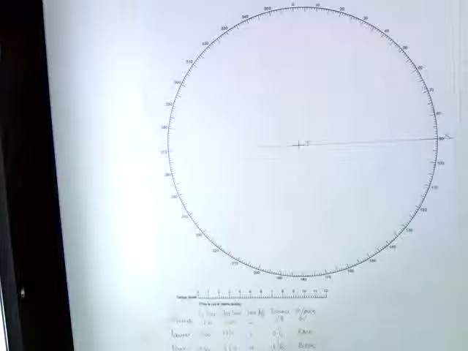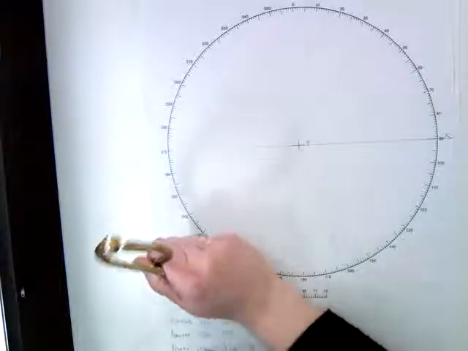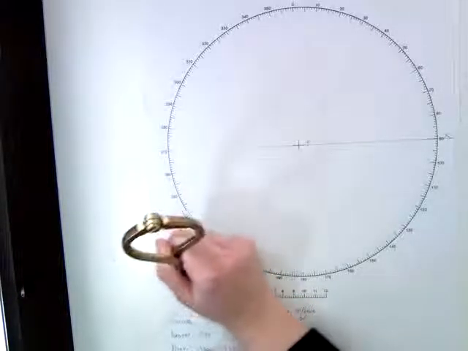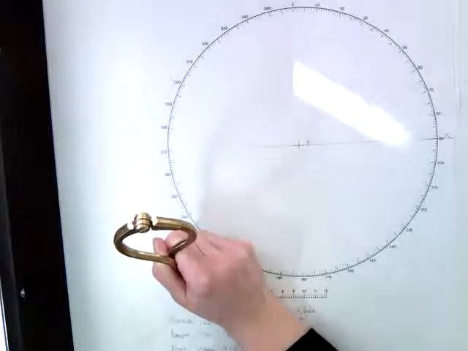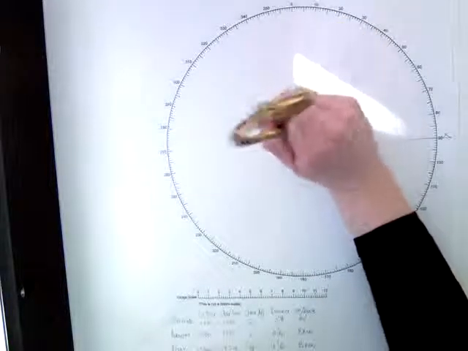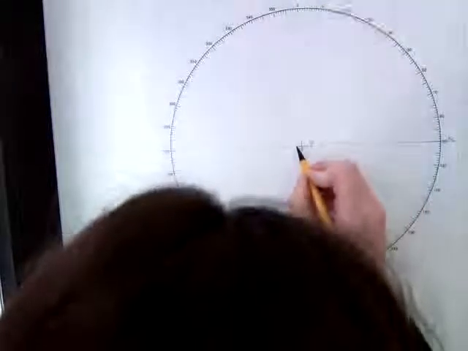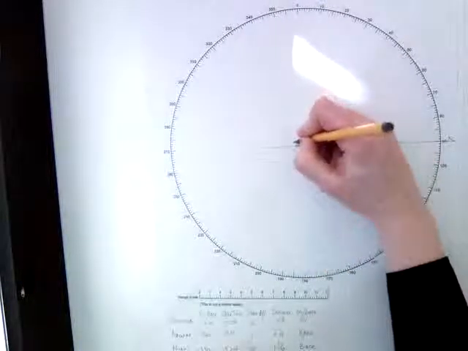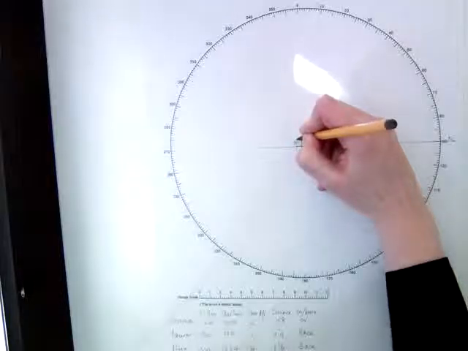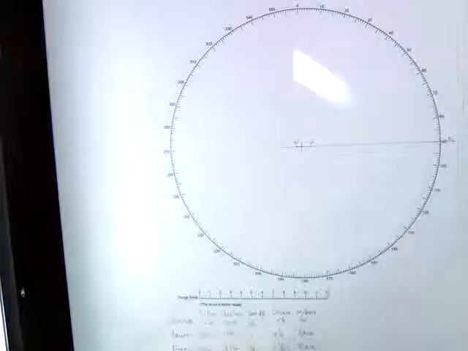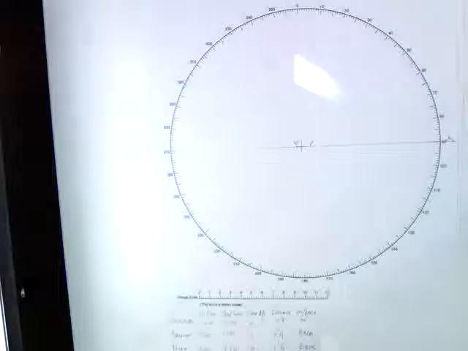Achernar 0.4, and that's back. And Nunki 1.6 back.